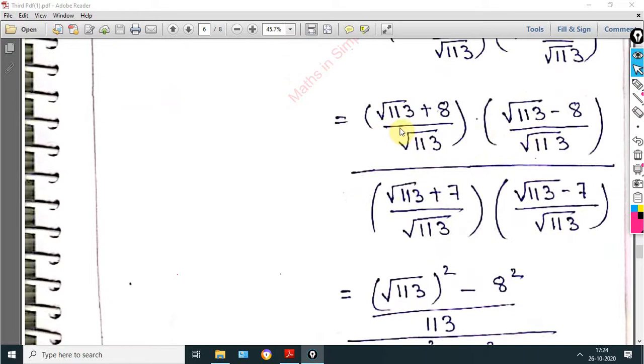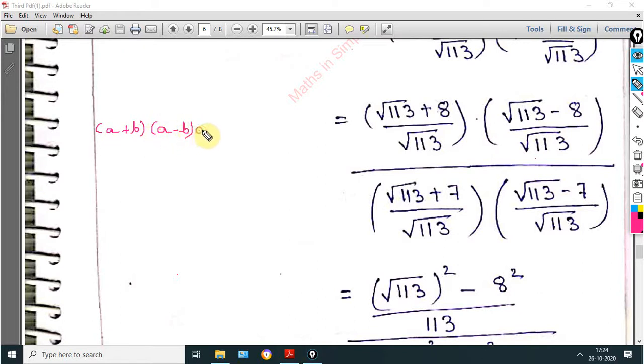Next, see, this is how it is coming. It is looking like a plus b into a minus b. So we know the formula of a plus b into a minus b. Yes, do you remember? What is the formula of a plus b into a minus b?